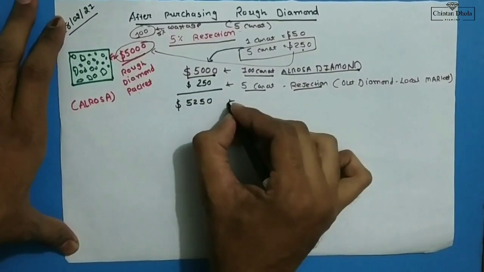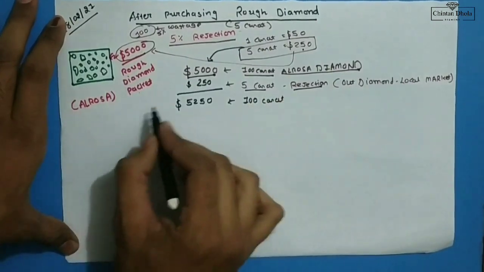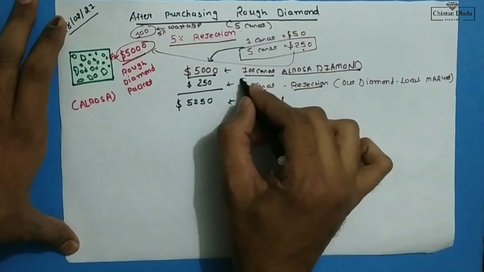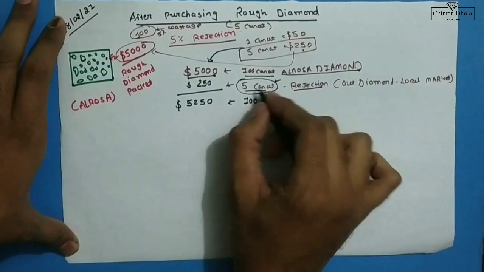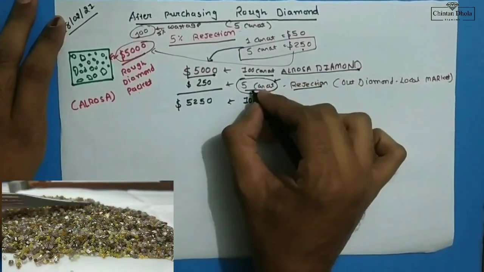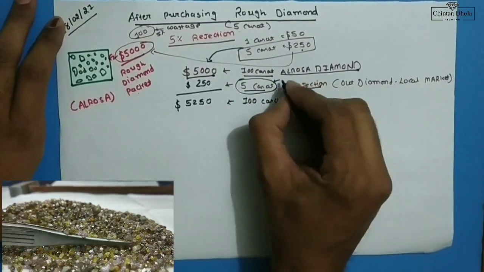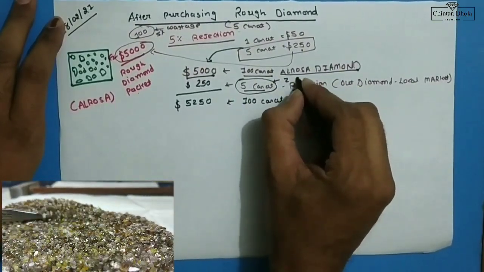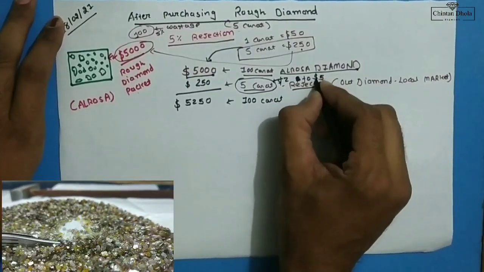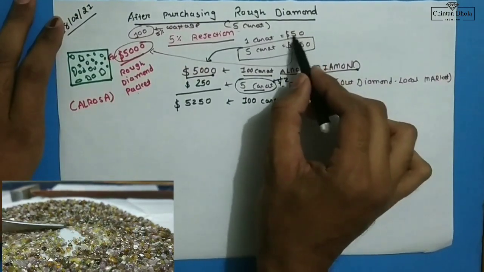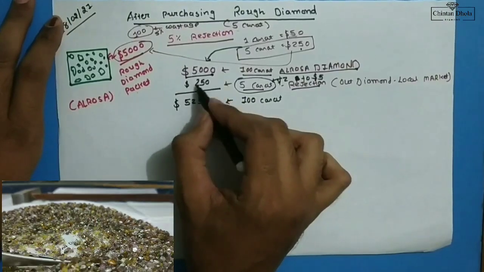$5,250 for only 100 carat, because in this 100 carat we can't get much price from this 5 carat. If you sell these 5 carat diamonds in the local market, you get only $2 to $5, but you purchased at $50 for 1 carat, so you have to include this costing in your purchasing.